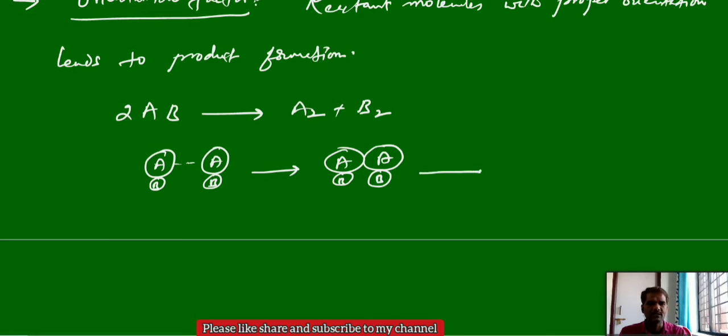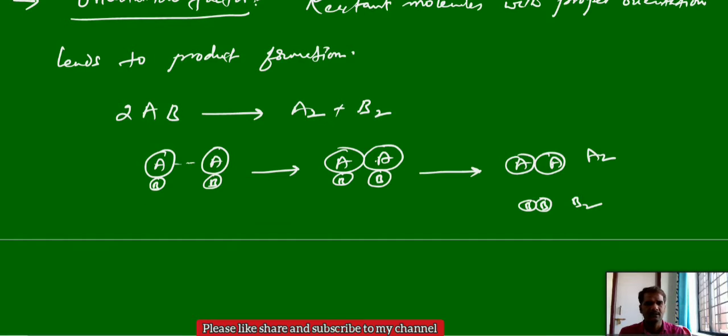After that complete bond breaking and bond making take place, AA will combine to give the A2 molecule, and BB will combine to form B2. Like this we get A2 and B2 when two AB molecules undergo collision in a proper orientation.